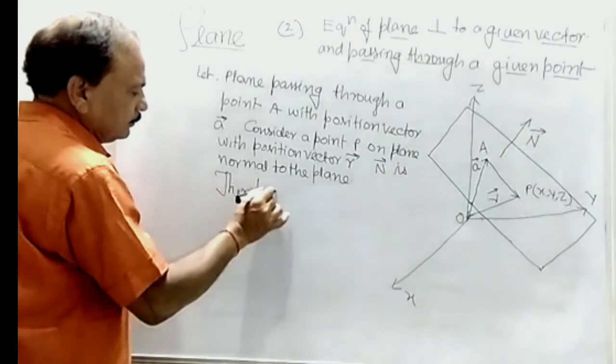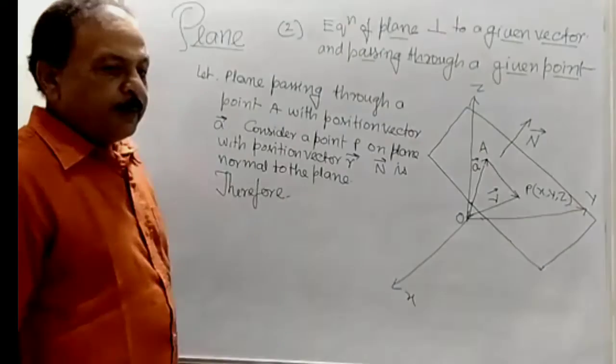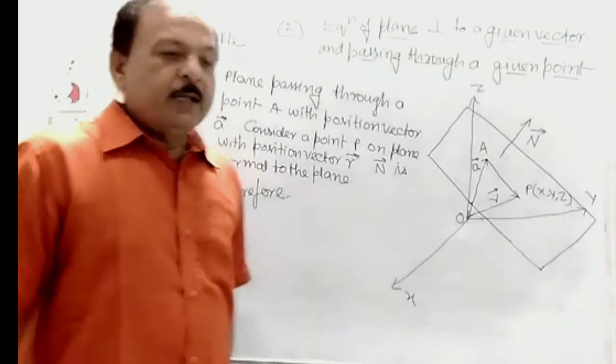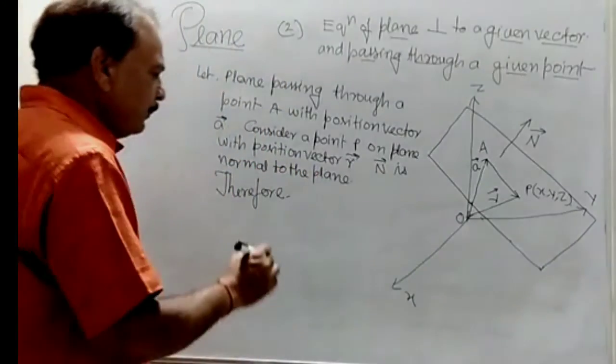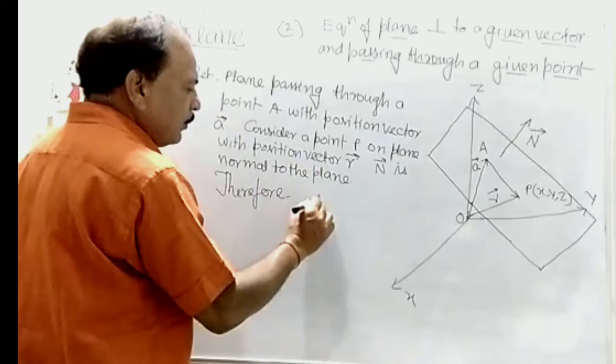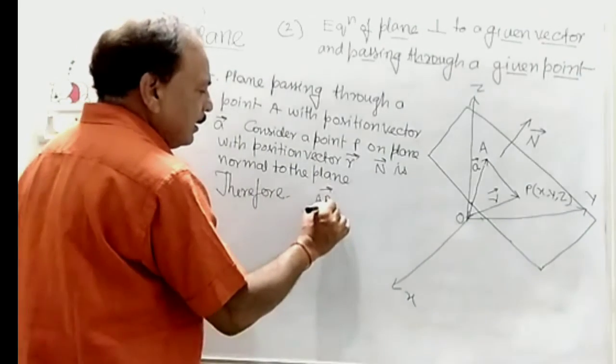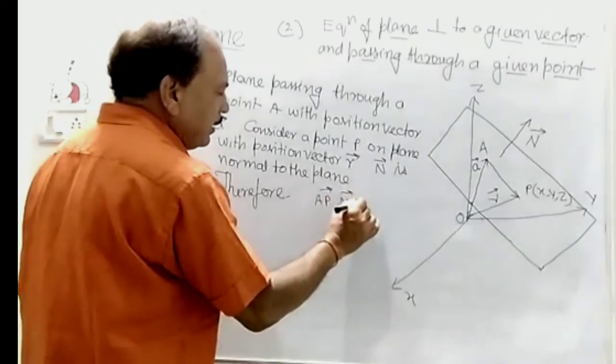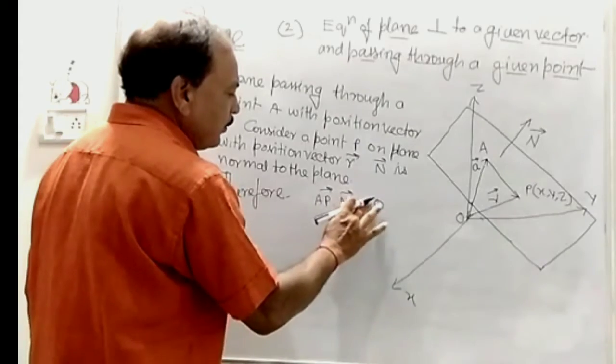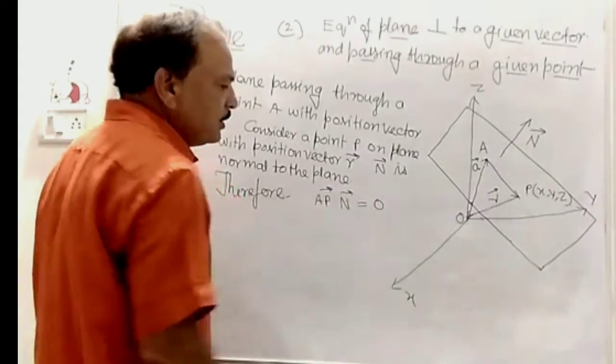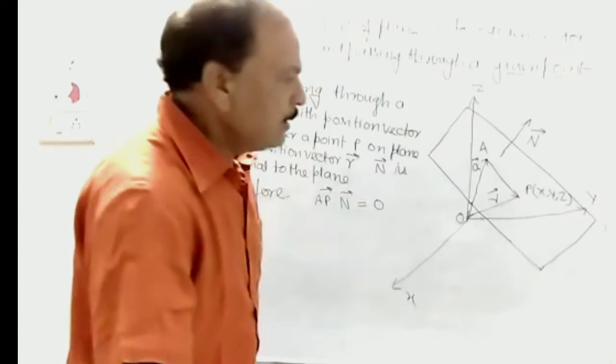Therefore, vector AP dot N equal to 0. What is AP?